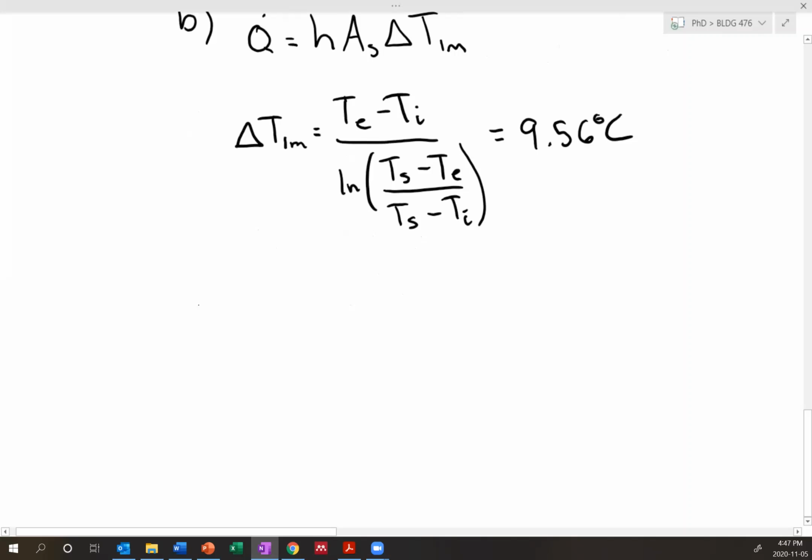So we can find then our total heat loss throughout the pipe. Oh, I've already written that.